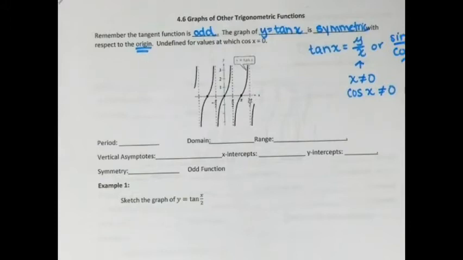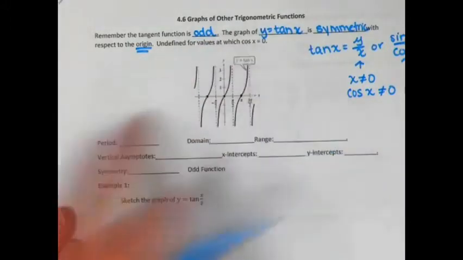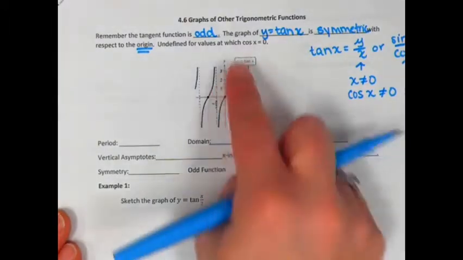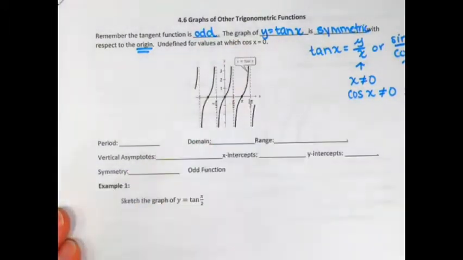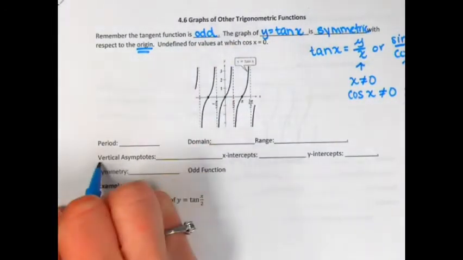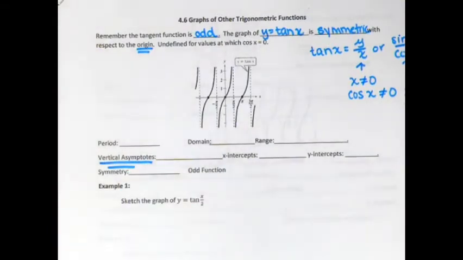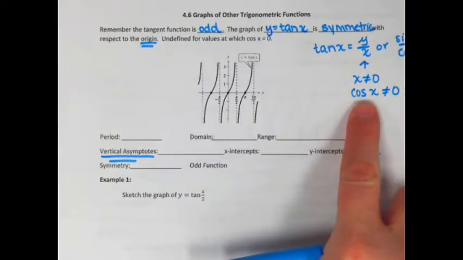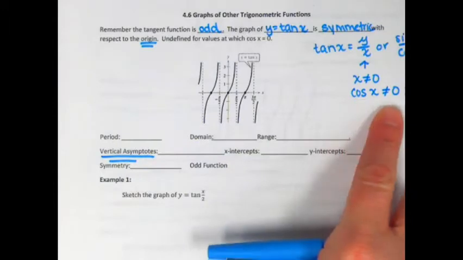No. So when we look at this graph of a tangent function, we have all these dotted lines. What are these dotted lines known as? Asymptotes. Those are your vertical asymptotes. Okay. So with tangent functions, we're going to have those vertical asymptotes when the cosine is equal to 0.